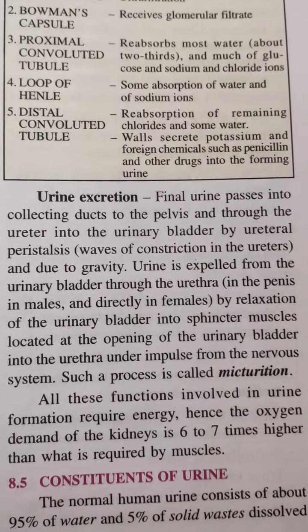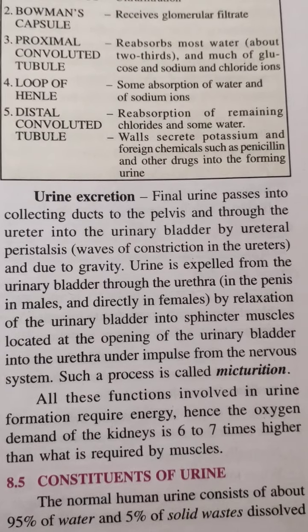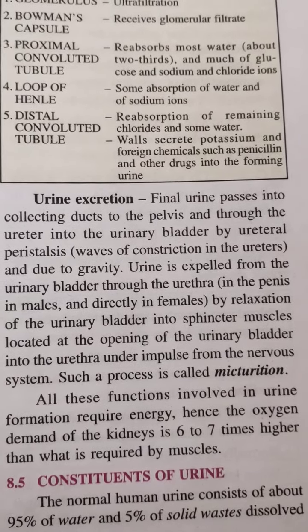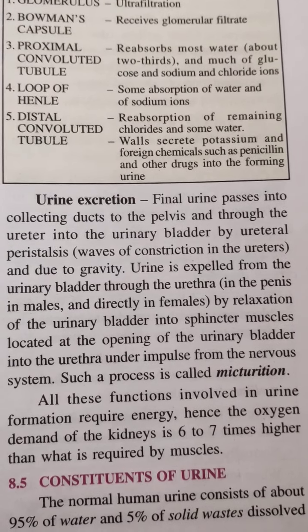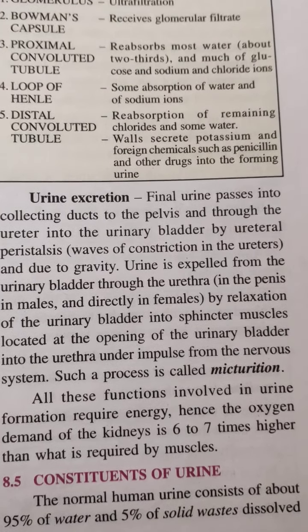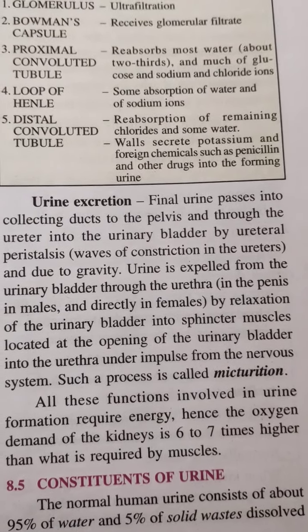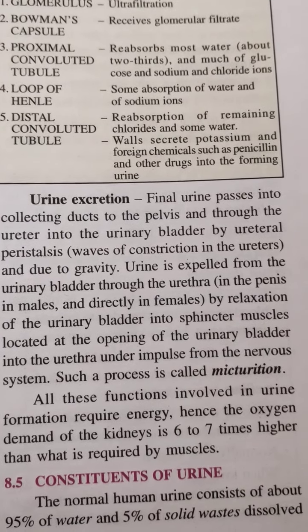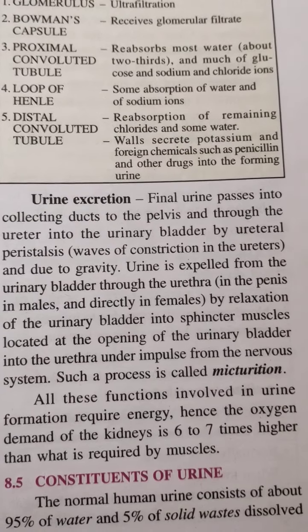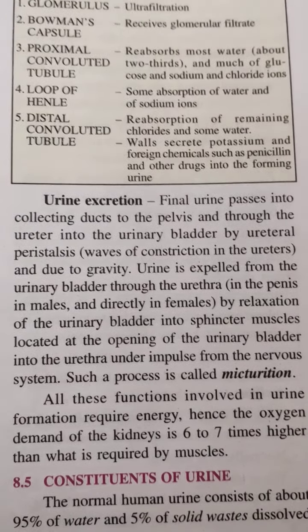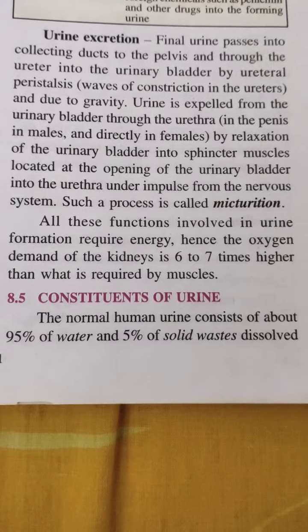Last day also I was talking about the sphincter muscles, which are the circular muscles present just at the opening of the bladder, because they control and regulate the micturition process, the act of urination, because it is the impulse which comes from our brain and then only we can urinate. Okay.